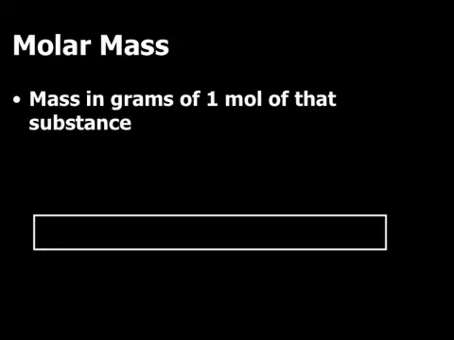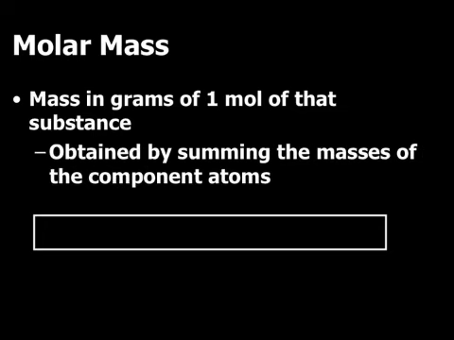Another term that we need to look at is molar mass. Molar mass is the mass in grams of 1 mole of that substance. So if we have 1 mole of a substance, we know we have 6.02 times 10 to the 23rd atoms or molecules, but we can also say 1 mole of a substance is equal to its molar mass. We get a substance's molar mass by looking at the periodic table.